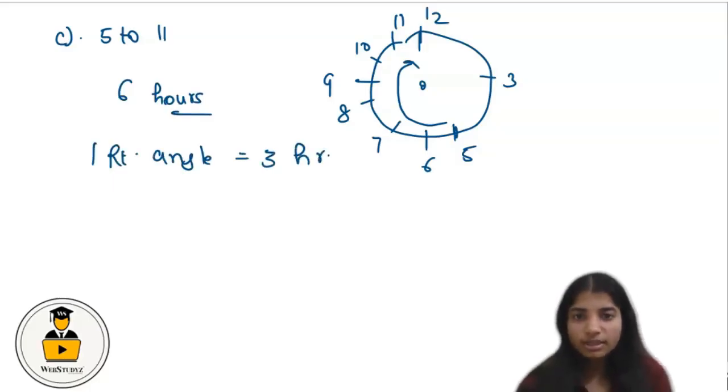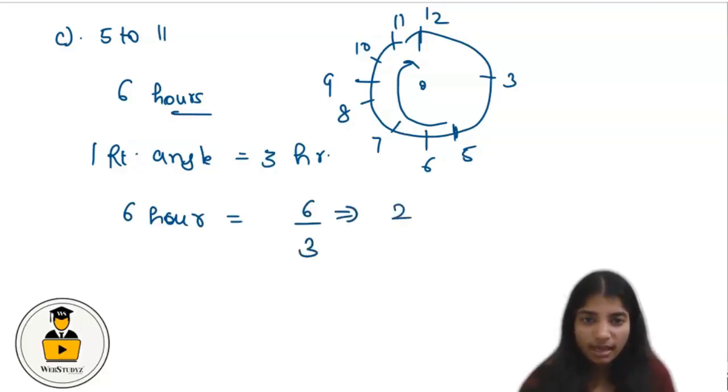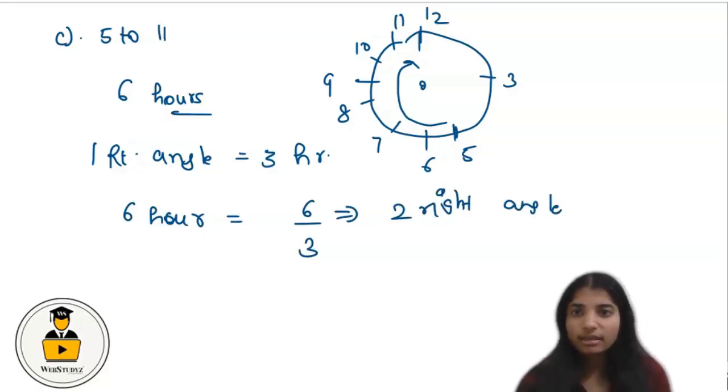So for 6 hours, the number of right angles will be 6 divided by 3, that is equal to 2 right angles. So we can say that 2 right angles is the correct answer to this part.